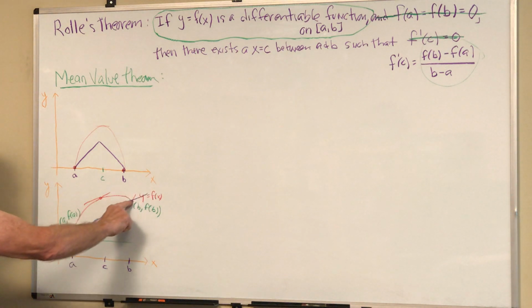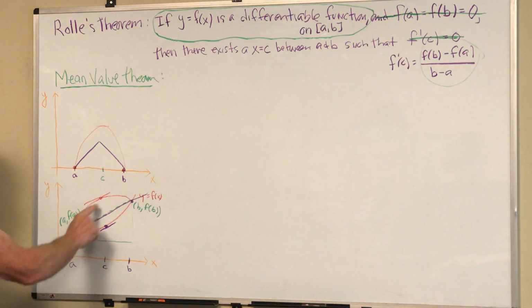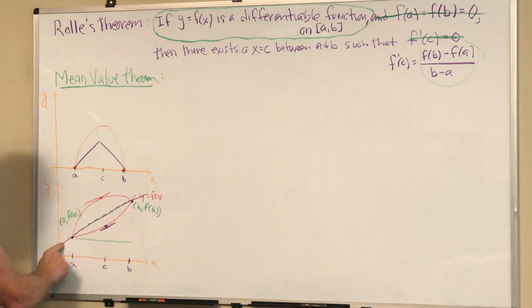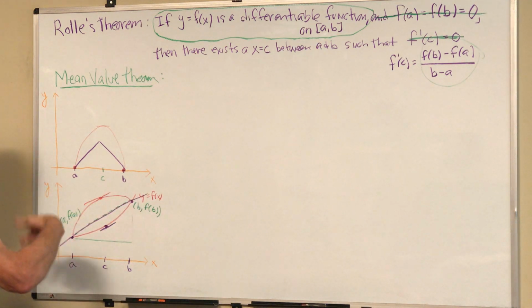If you think of this as the x-axis, we're just saying that this slope is the same as this slope. And if this was the x-axis, it would be 0.